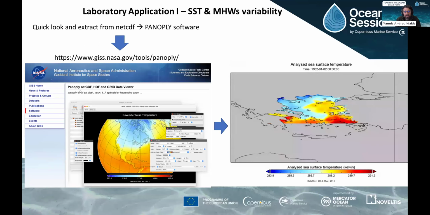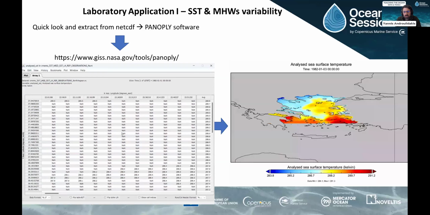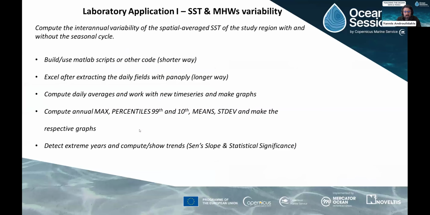And first of all, they can use very simple tools like the Panoply software, which is available from NASA freely. It's an open software that can be used for visualization, like this example here in the Northern Aegean, or they can also extract data with this software for more processing.